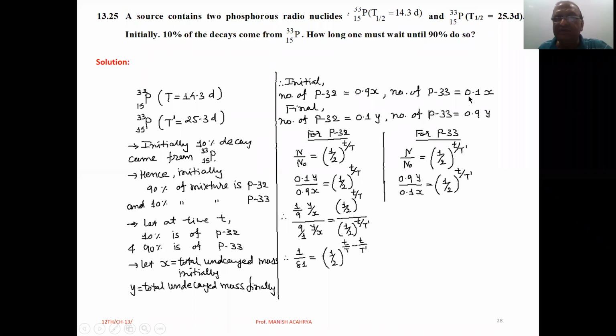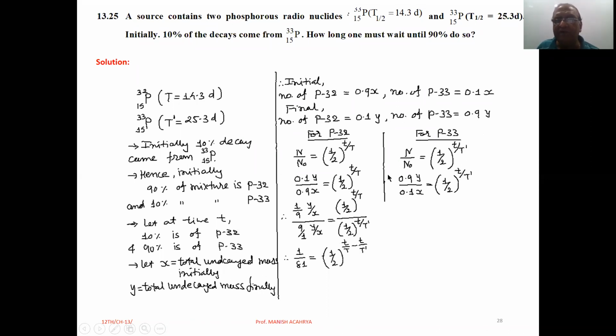So 0.1 into x is the number of P33. Then finally number of P32 becomes 10%, so 0.1y, and P33 becomes 90%. So number of P33 is 0.9y.